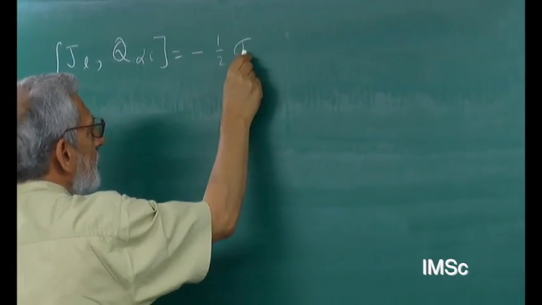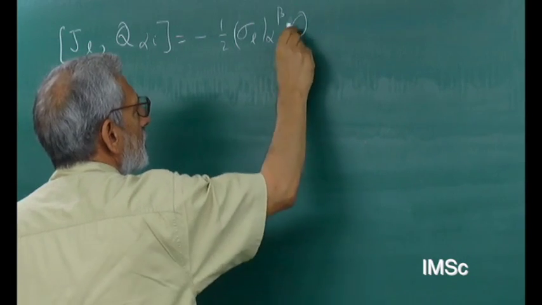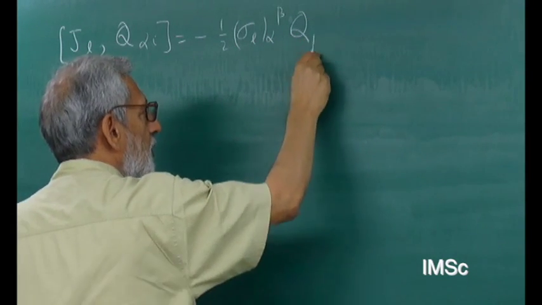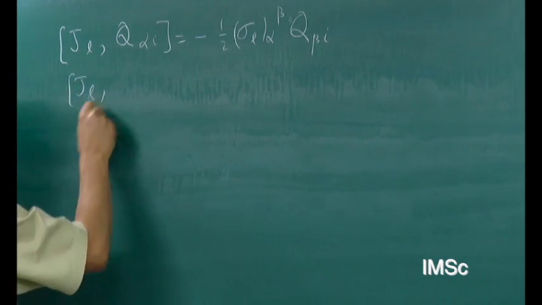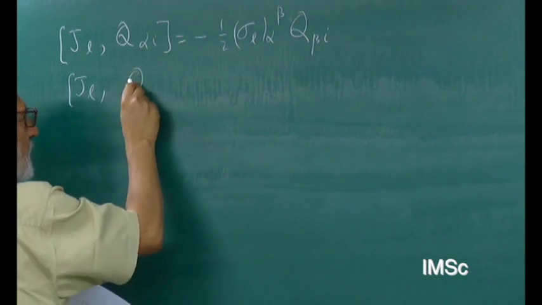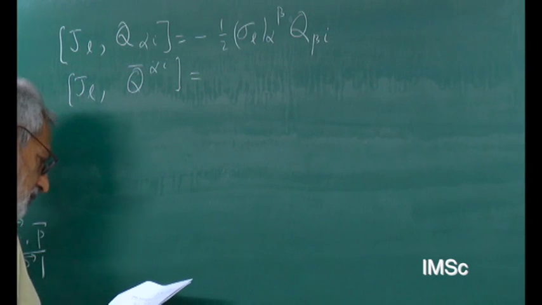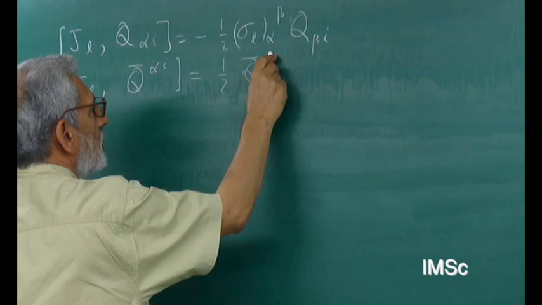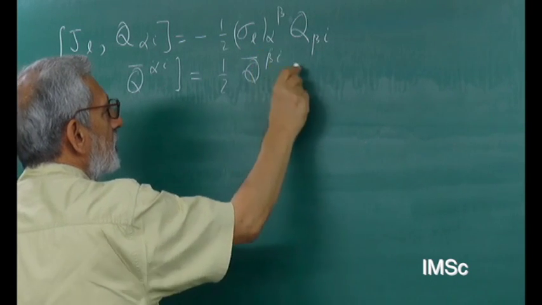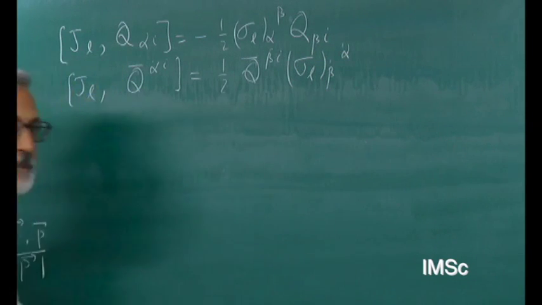Minus half sigma L alpha beta Q beta I. And J_L with Q bar alpha dot I, did we write it somewhere? Is with the plus sign. Q bar beta dot I sigma L beta dot alpha dot.